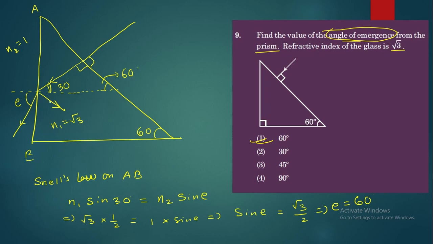But I have solved the problem directly without checking that. It's just that the calculation will be lengthy, but it should have been checked. So here in this question, this angle 30 is less than the critical angle of the medium. You can check it. Okay, let's move on.